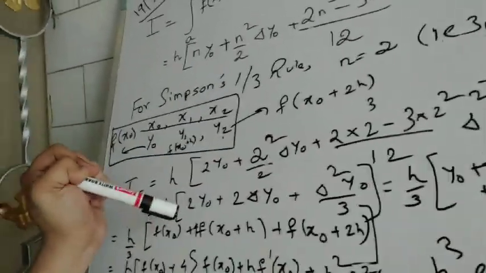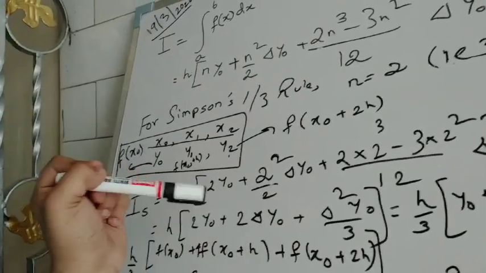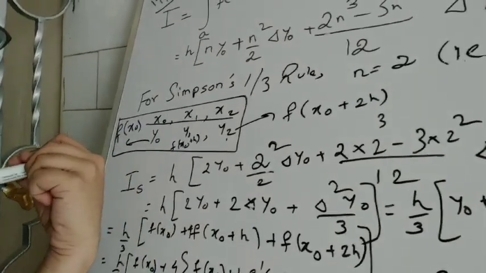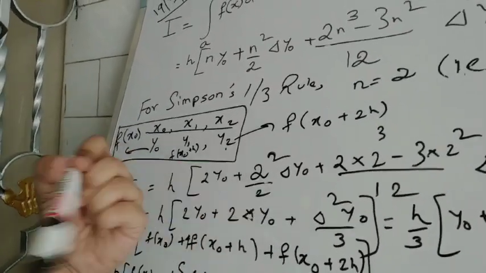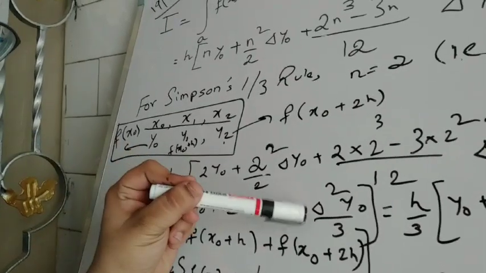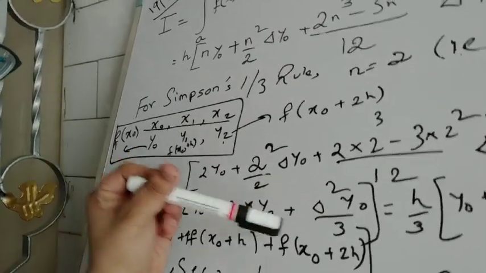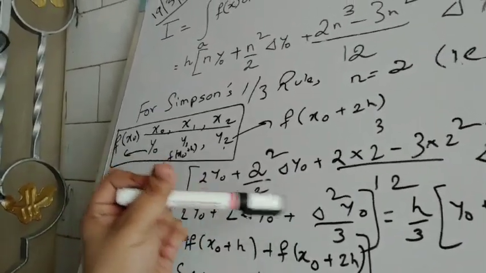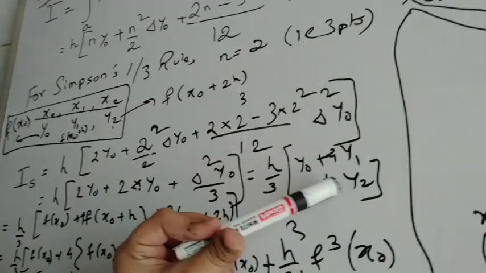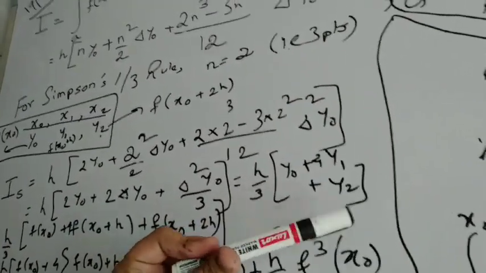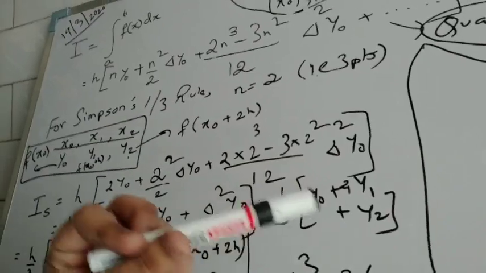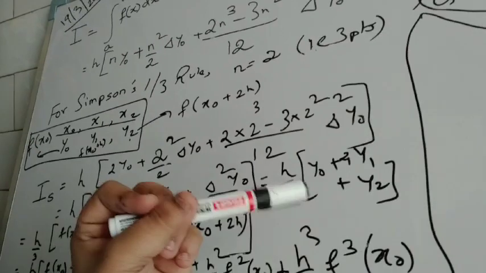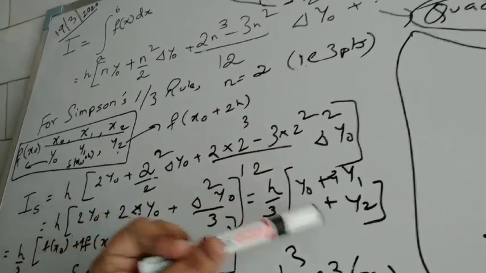Put y1 minus y0 for delta y0, and for delta squared y0 put delta y1 minus delta y0. If you put that, you will get this term. So this is basically Simpson's 1/3 rule.